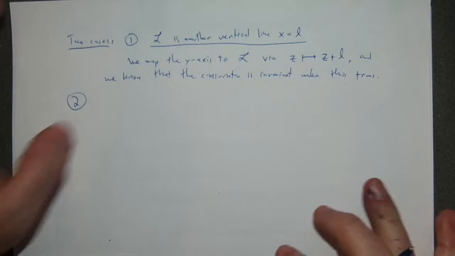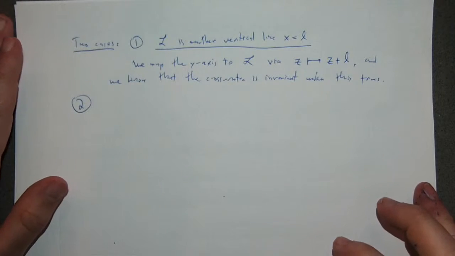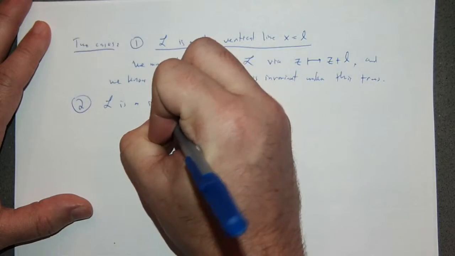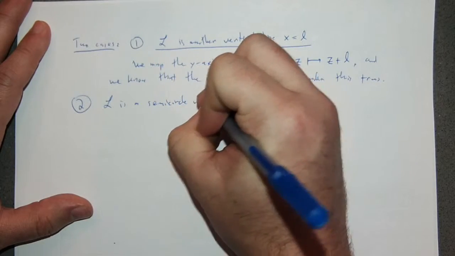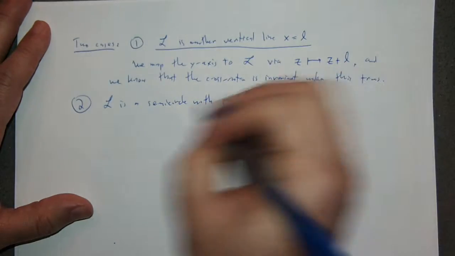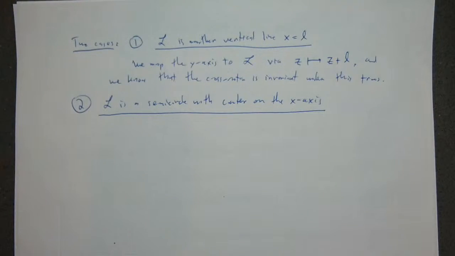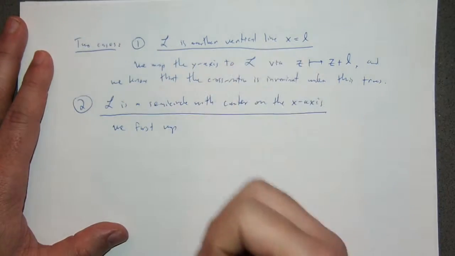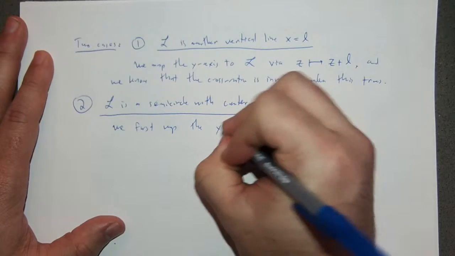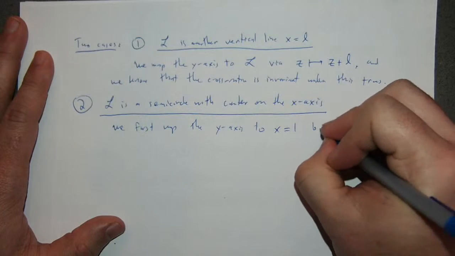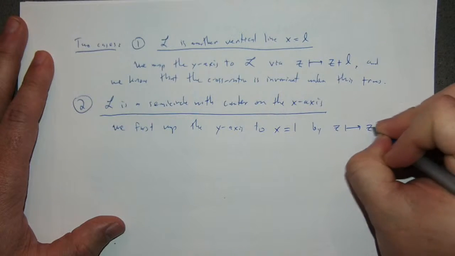Okay, the second case, L is a semicircle that has a center somewhere on the x-axis. Okay, so in this case, we first map the upper y-axis to x equals 1 by the transformation that translates by 1.